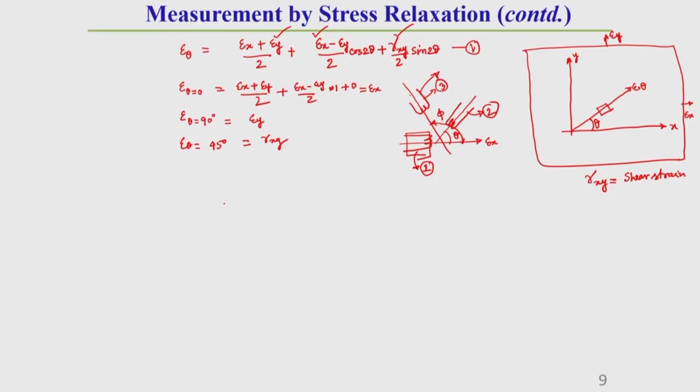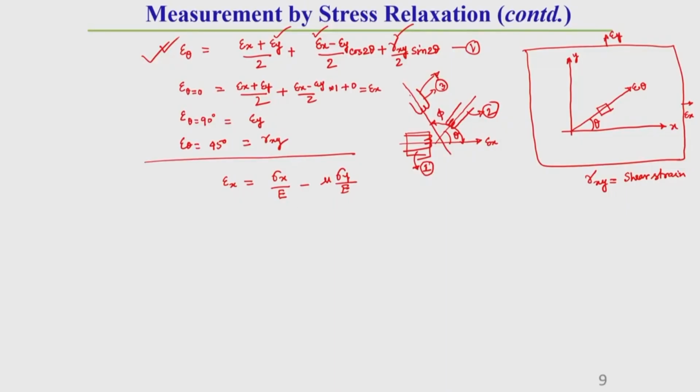For finding the stress, we know that epsilon x is equal to sigma x divided by E minus mu into sigma y divided by E. We already got epsilon x and epsilon y using this strain rosette system. Now, how can we find sigma x and sigma y? These 2 stresses give the stress along the x axis and along the y axis.